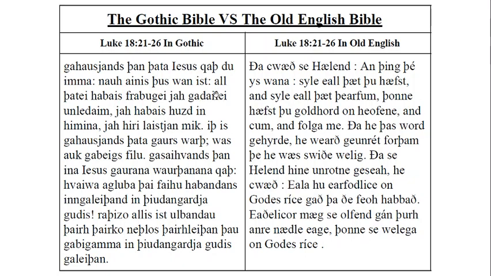And the Gothic takes these two verbs and actually puts them directly next to each other, but it means that the word order of these two sentences is not very predictable. So all that you have is frabugei, give away all that you have, gadailei unledaim, and distribute it to the poor.